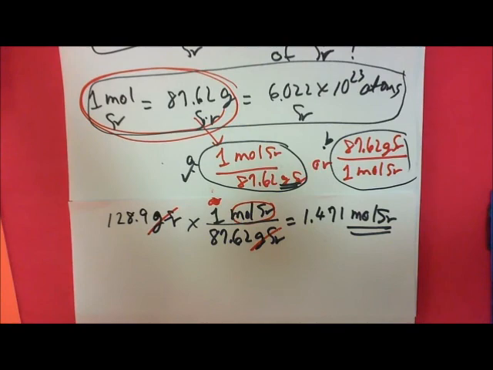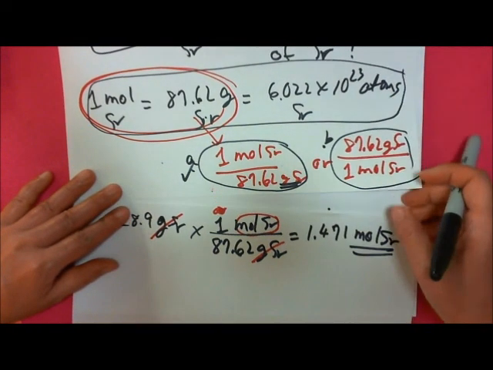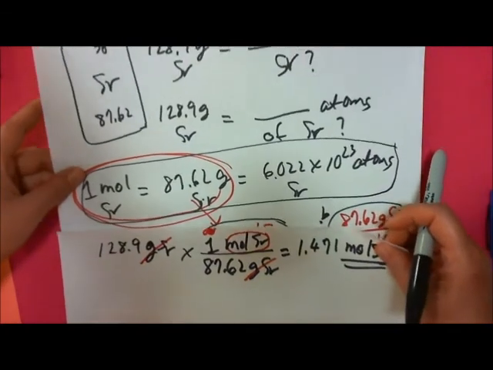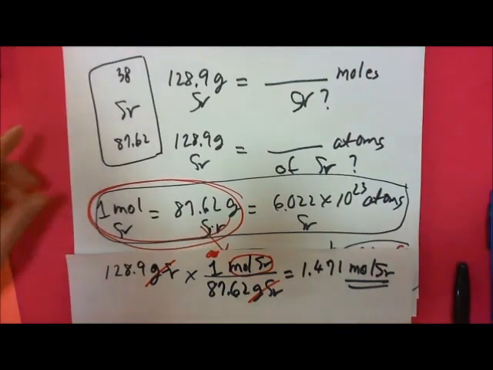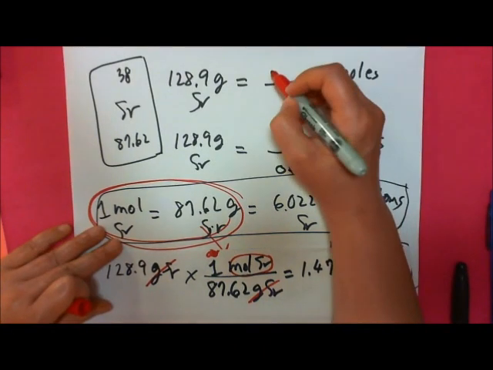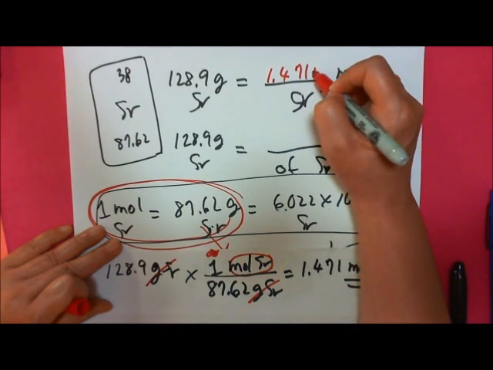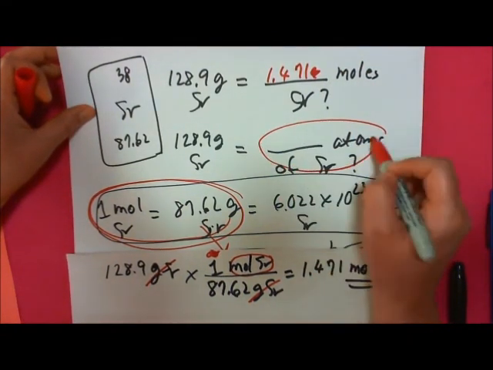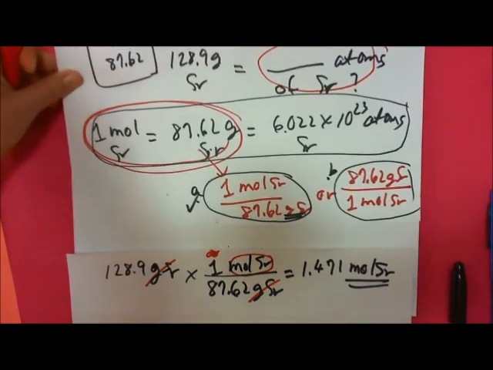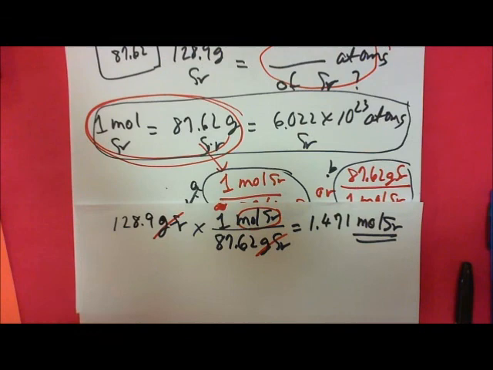Now you might want to see if you can do the other calculation, converting from grams of strontium to atoms of strontium. So this is 1.471 moles. Sorry, I already have the moles written there. And I'd like to know how many atoms of strontium I have for that same amount. So if I want to do that, then I'm going to use my other conversion factors.